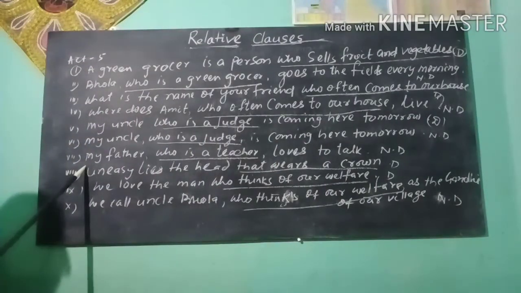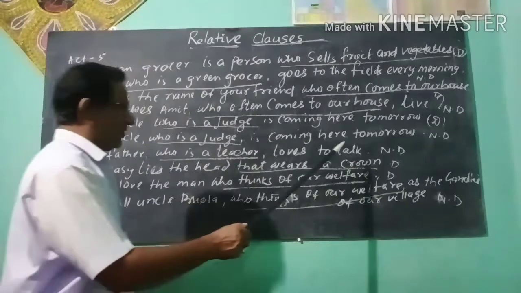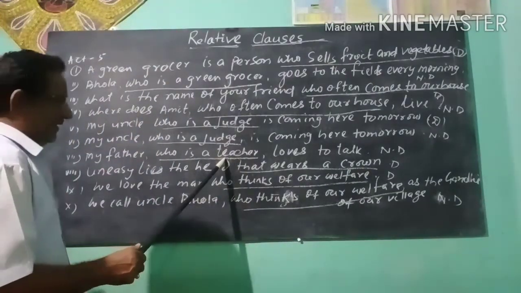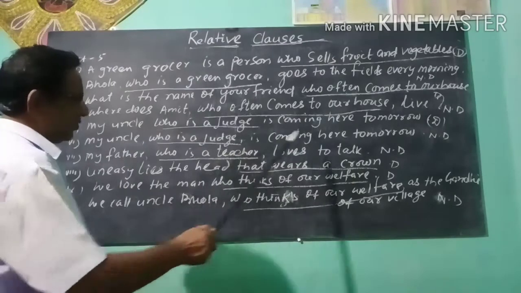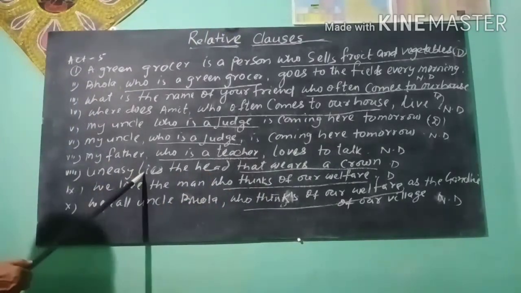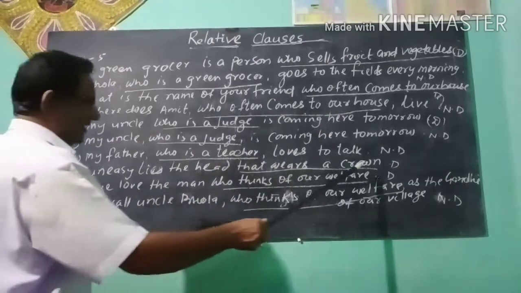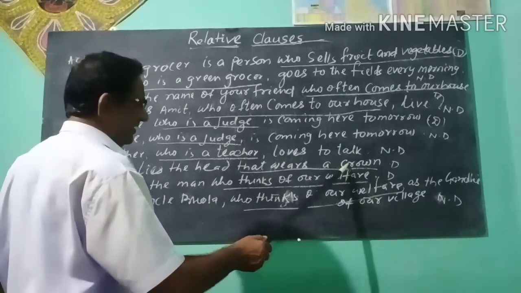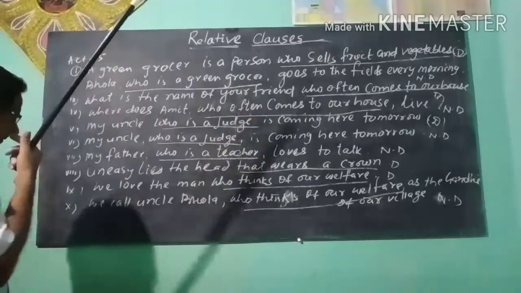My father, who is a teacher, loves to talk. Here, who is a teacher, relative clause, it is also a non-defining relative clause. Uneasy lies the head that wears a crown. That wears a crown is a relative clause, it is a defining relative clause.